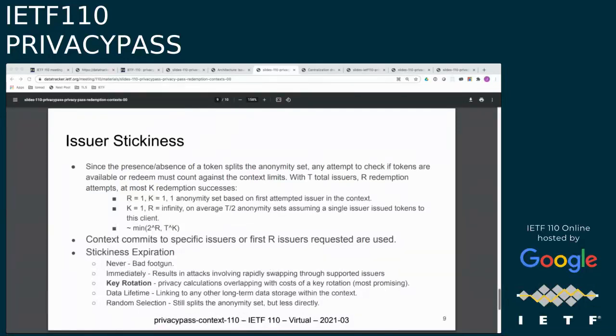So the framing seems a little bit wrong. The third-party iframe on the redemption site is still the redemption, the relying party becoming the issuer.